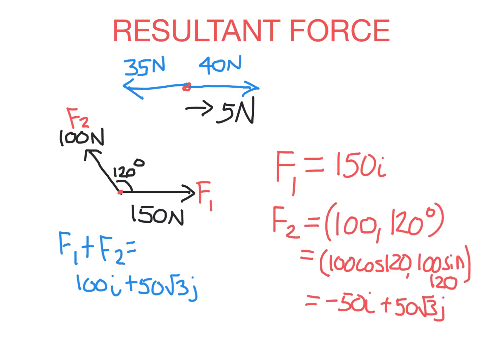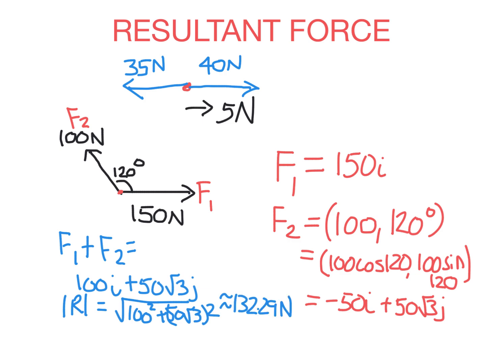Its magnitude, I'll call it r, of the resulting force is just the square root of 100 squared plus 50 root 3 squared. You can use your calculator for that. So we get about 130.3 as the magnitude of the resultant force.